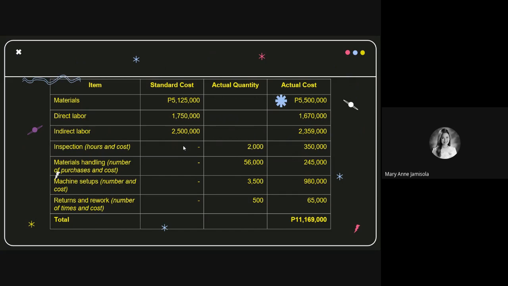Then how many products did we produce? 25,000 units. So the total cost divided by the total units will give you the current unit cost, which is 446.76. So 11,169,000 divided by 25,000 units will give you 446 pesos and 76 centavos.